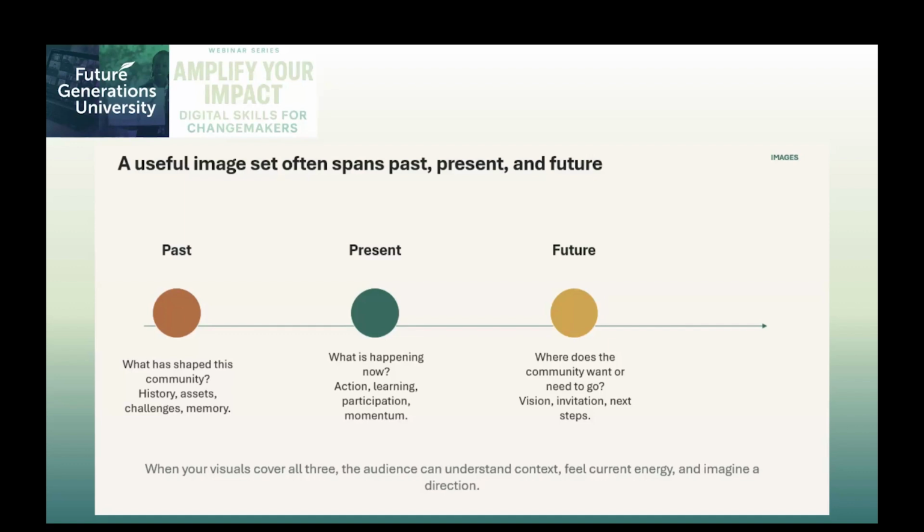But when your visuals cover all three, past, present, and future, it's so much more contextual for your audience, and they can understand what's happening and they can feel the current energy. And it also gives them that directional image of what your organization or your project is doing. And that's very powerful in a presentation. Next slide, please.